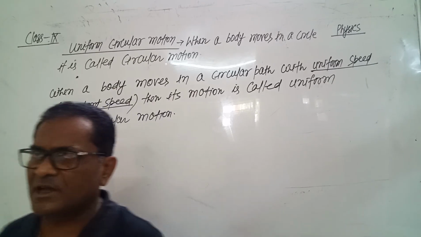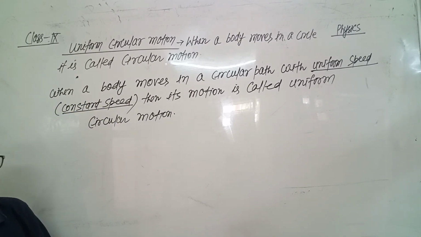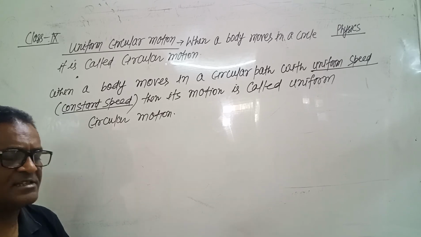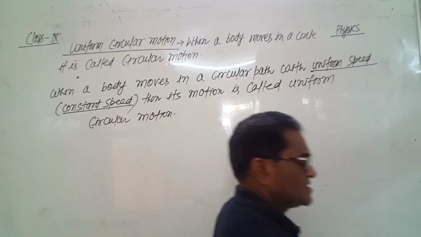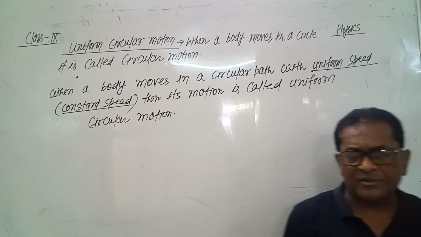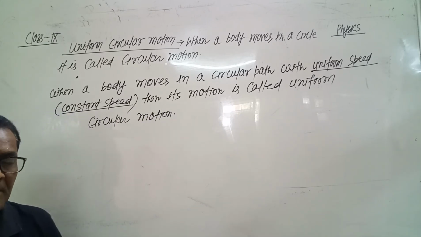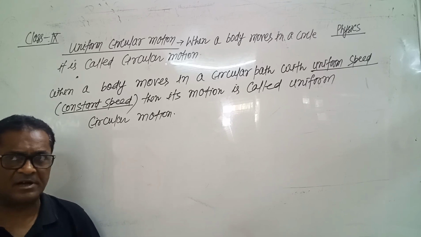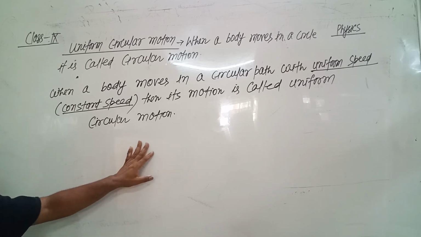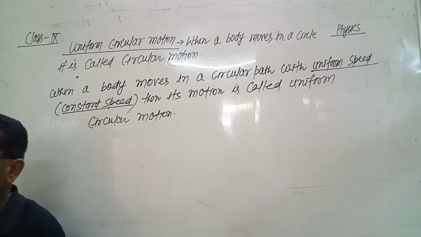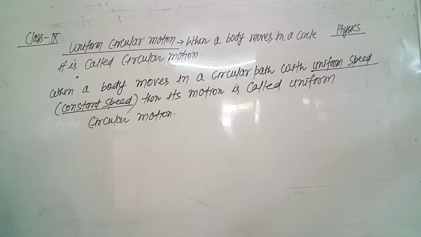In uniform circular motion, speed remains constant, but velocity doesn't remain constant. The velocity changes continuously. What is meant by velocity? Velocity means speed along with the direction of motion. So the direction of motion changes continuously, meaning velocity changes continuously, but speed remains constant.